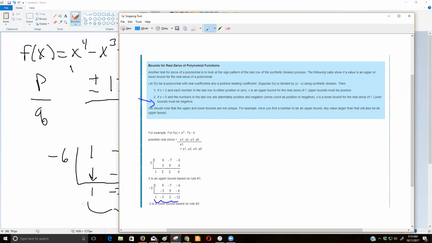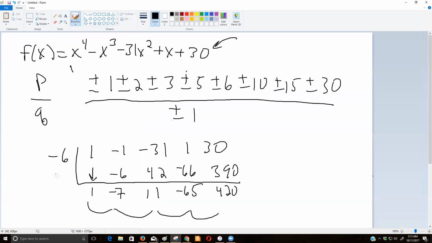That suggests to me that I won't have any zeros less than -6, so that lets me rule out the -10, the -15, and the -30. If I try -5, I'll see that it's a 0. If you do the synthetic division on that, you end up with a remainder of 0, which tells you that -5 is a 0.